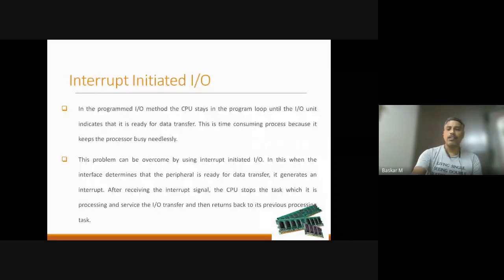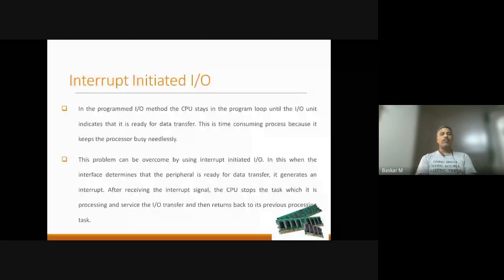That is the second technique. In the first technique, obviously, the processor needs to be concentrated on the entire IO data transfer. In interrupt initiated IO, the work is done whenever the interrupts arise. Once the enable signal is given, the processor needs to concentrate on that IO data transfer until it finishes.